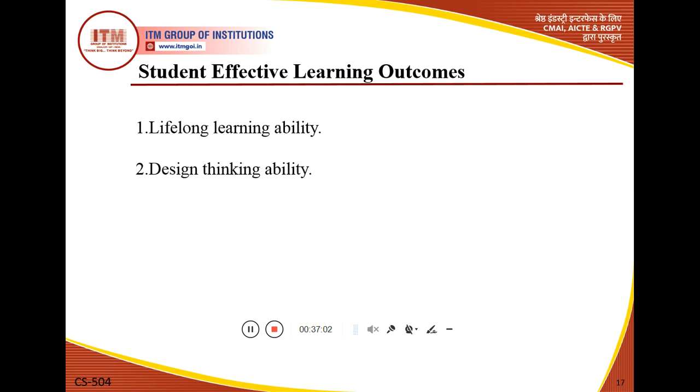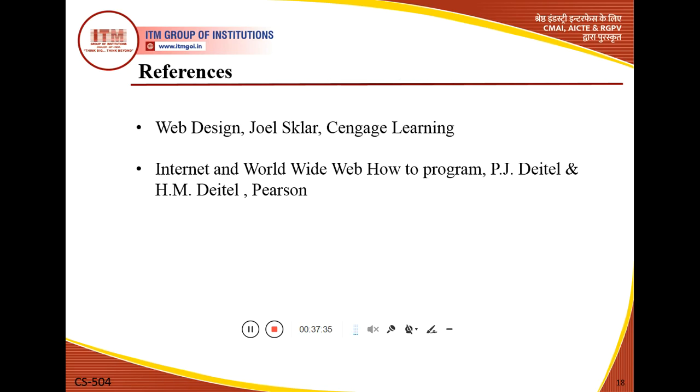If you know the basic knowledge of internet and WWW, it will be very helpful for lifelong purposes, and according to this you will develop thinking ability, how we create the programs that create web pages. So these are two outcomes. There may be some other outcomes also, but the main outcomes are represented here.